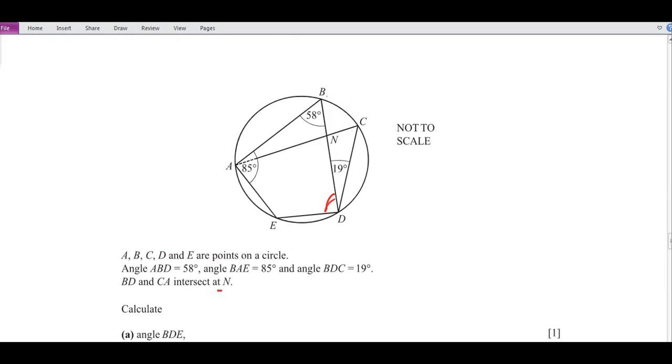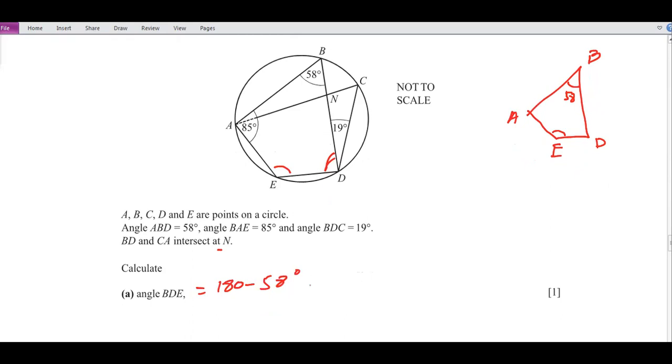Okay, to find this angle, if you look carefully at this one, this is A, this is B, this is D, and this is E. These all points A, B, D, E all are on the circle. So this is a cyclic quadrilateral. This one is 58. So what this will be then? This one will be 180 minus 58. Because in the cyclic quadrilateral, the opposite angles sum to 180.